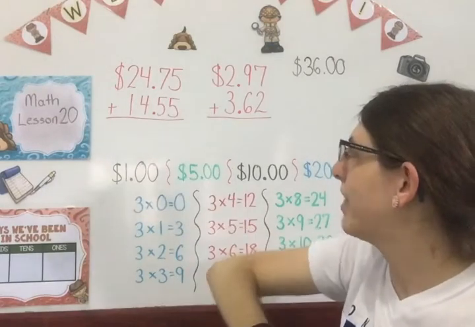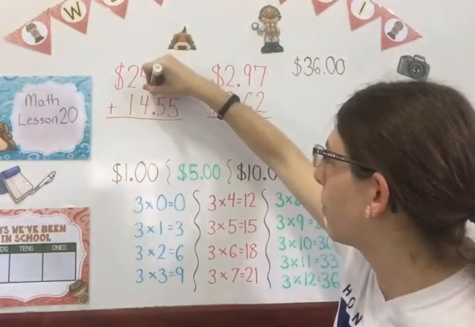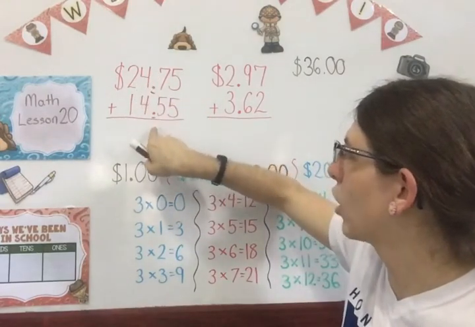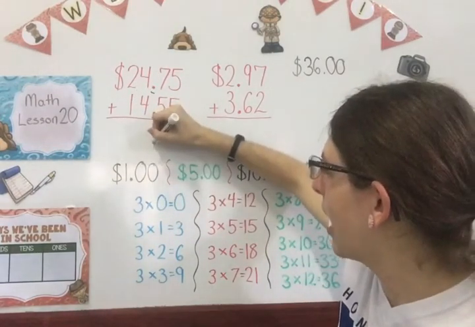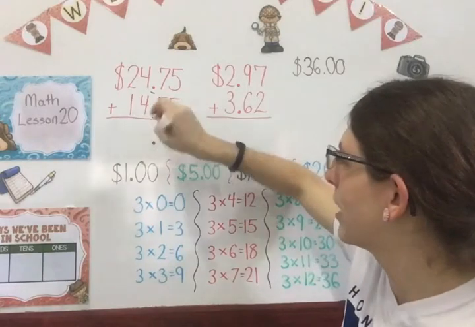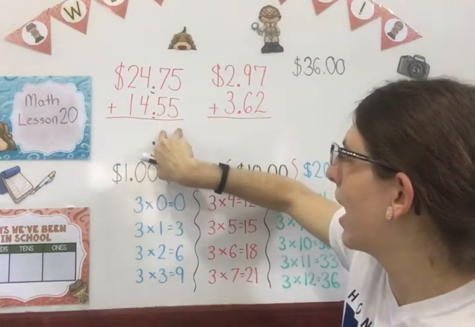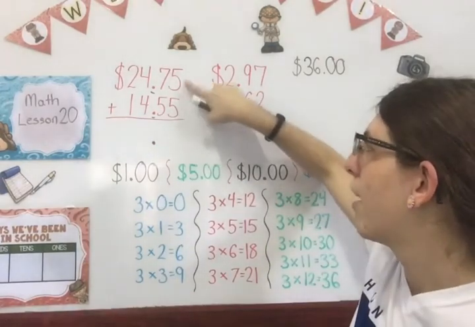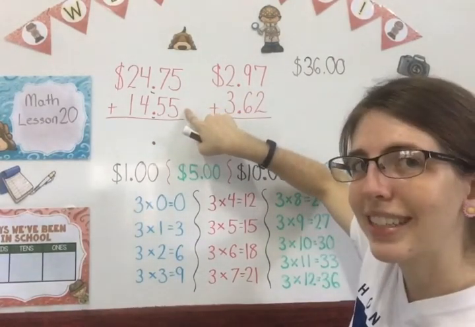I'm going to add these, but keep my decimal point in one line. So that means in my answer, my decimal point has to end up right below those. So I have to have 2 digits on this side and then go over to this side. So now let me add. 5 plus 5 is 10.